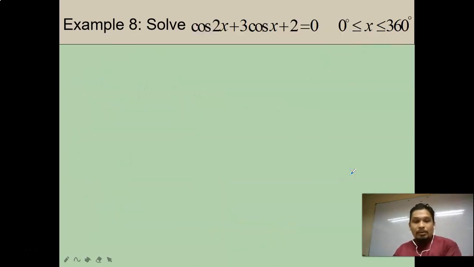Now what about this one? Solve cos 2x plus 3 cos x plus 2 equal to 0.